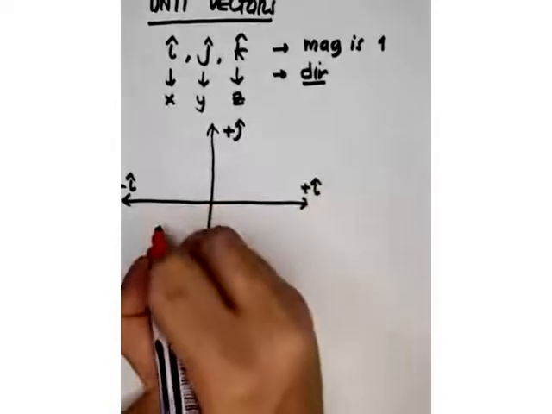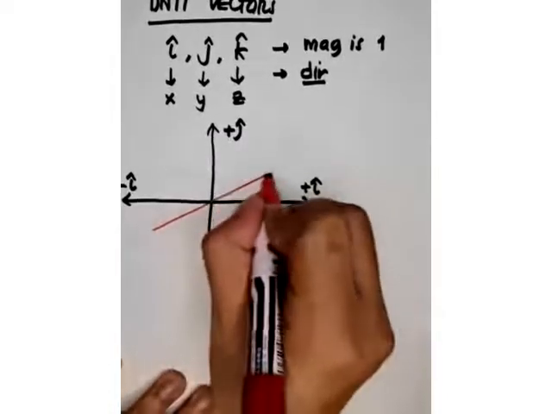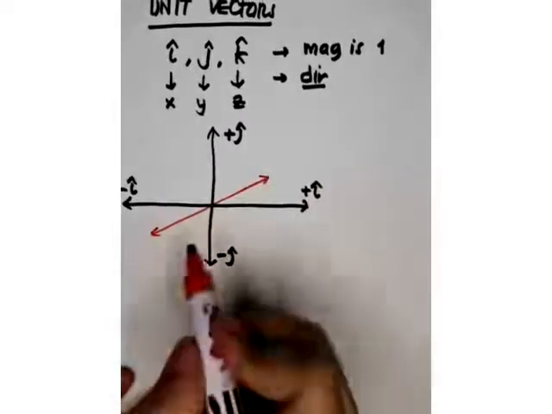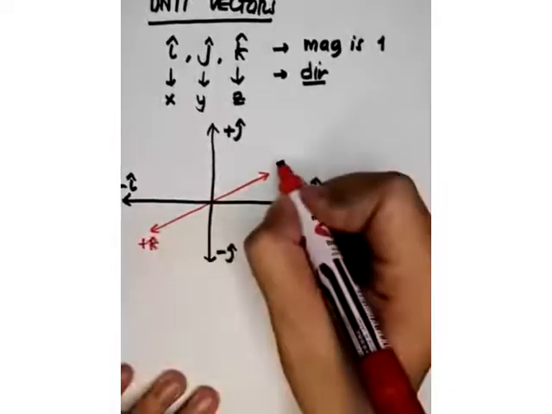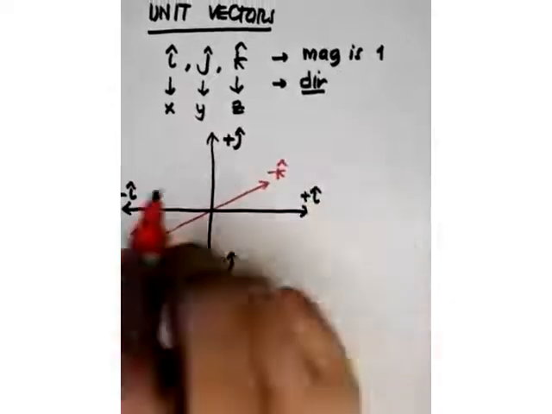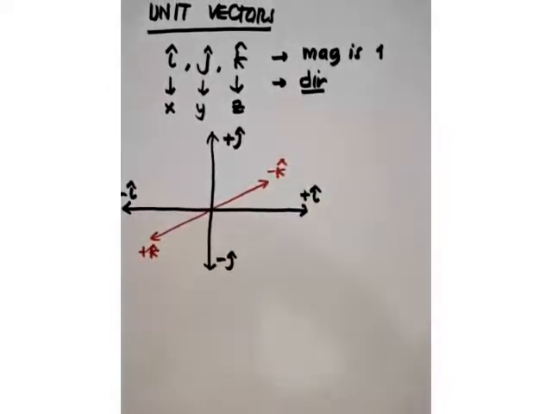Paano ba yung drawing niya? Pag ganyan ba? Ayan. At ito yung papunta sa inyo, so that's a positive k hat. At ito yung palayo sa inyo, yung negative k hat.